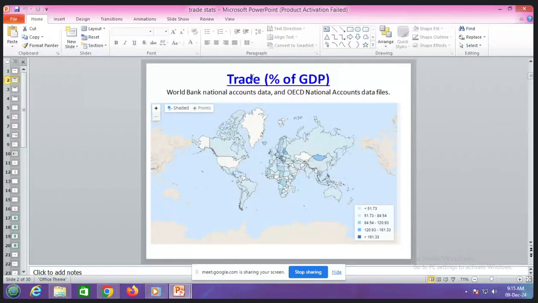So this is the trade percentage of GDP. You can see that mostly the economies range between 50 to 80% of GDP as they trade. And as I already told you, this is imports plus exports.